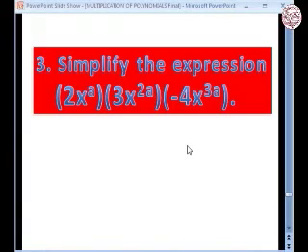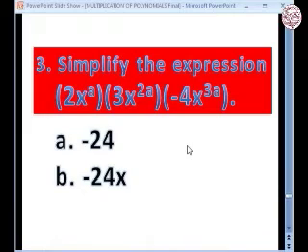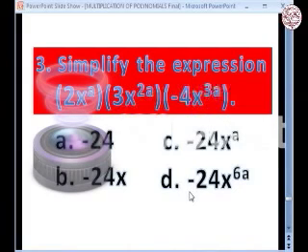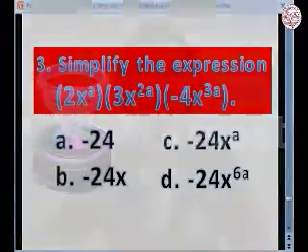Letter B, negative 24x. Letter C, negative 24x raised to a. Letter D, negative 24x raised to 6a. I'll give you 5 seconds.